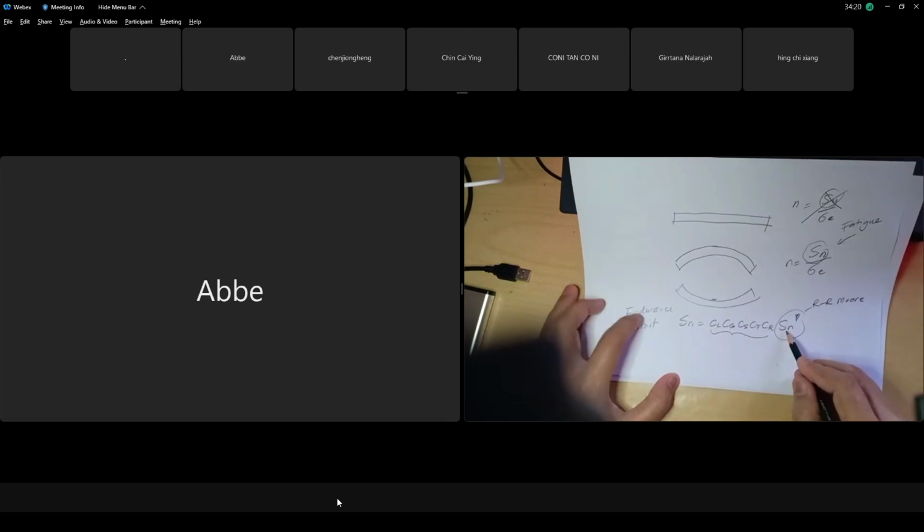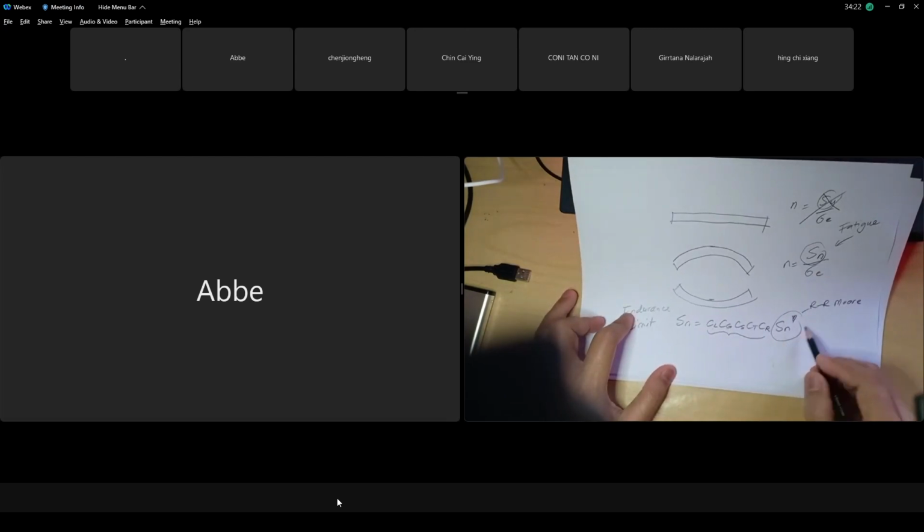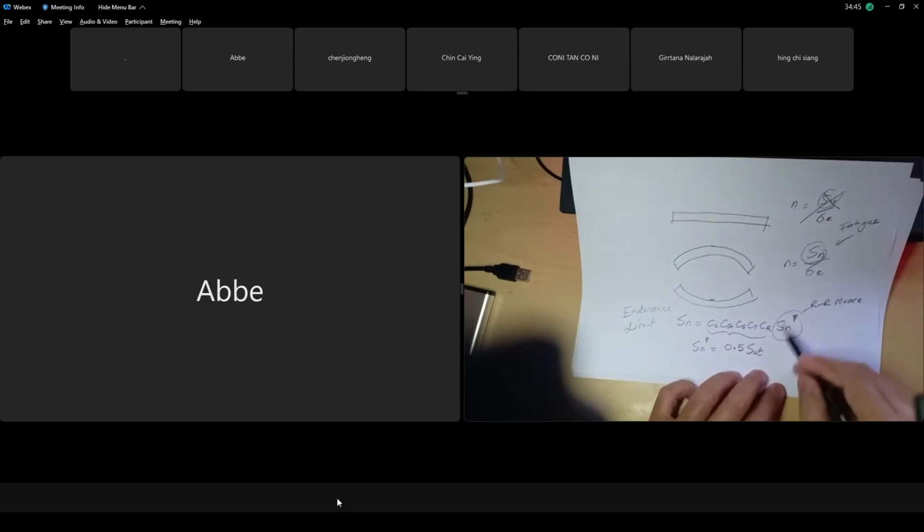But you multiply SN prime, a standard test already done by engineers. For steel material, SN prime is always 0.5 of your tensile strength. For example, for the shaft you choose, look at the table of properties for the tensile strength, not SY, and multiply by 0.5. That is your SN prime, from the standard specimen test.